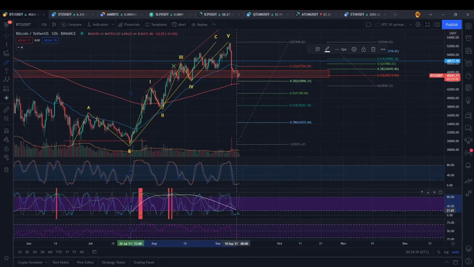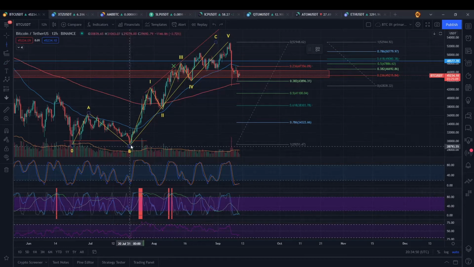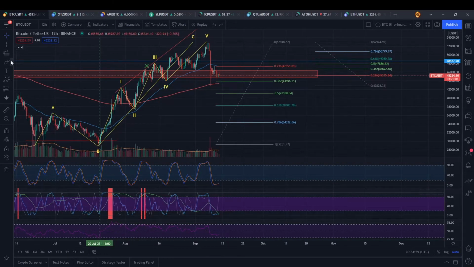This one full move is a wave up and a wave down. This move started at 29k, and then it made several sub waves, but while it was doing that, you can see the green curve kept diverging downwards.